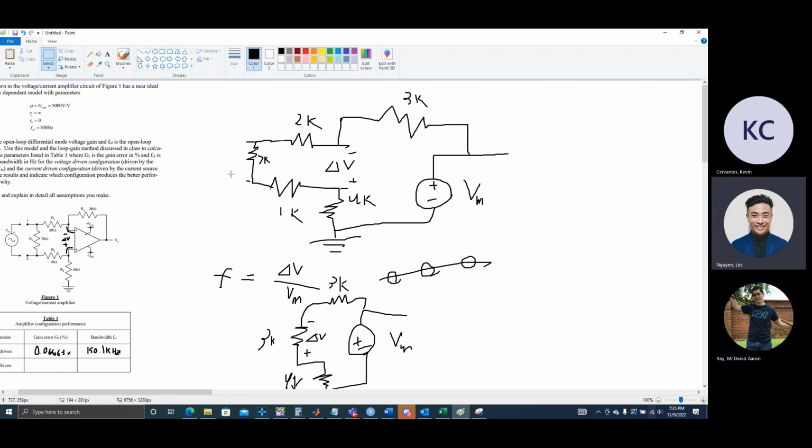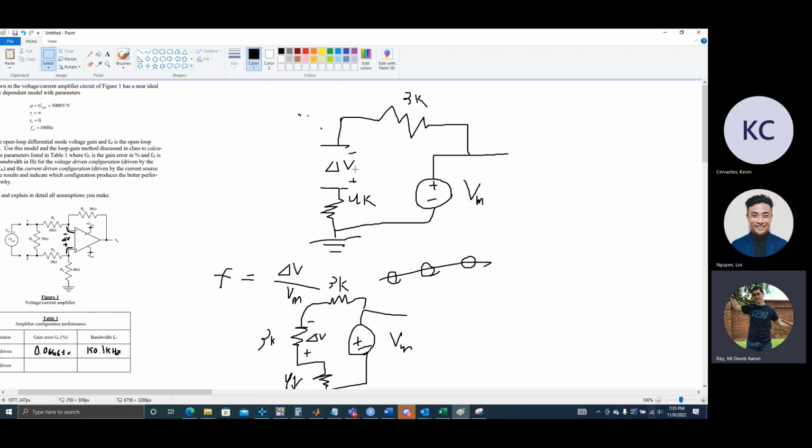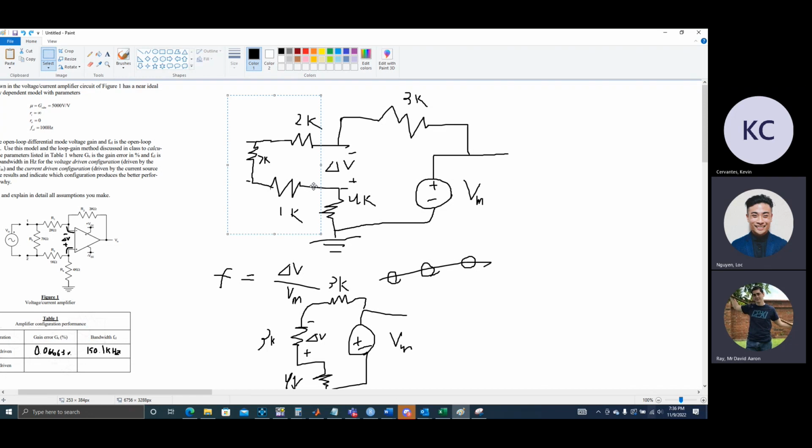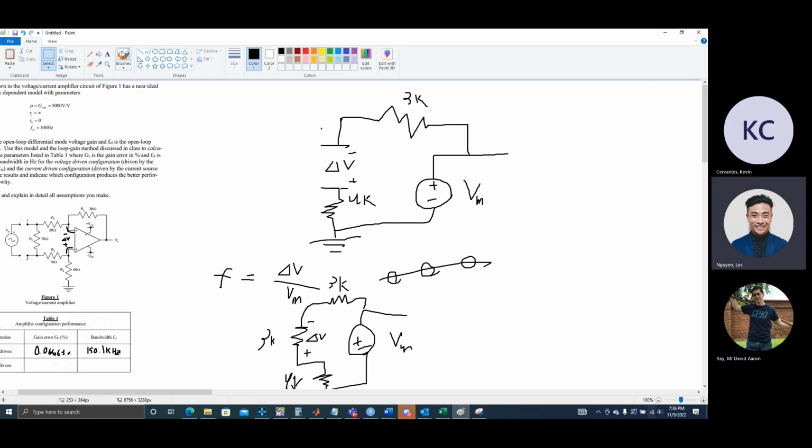The way that works now is that this right here is all added together. You have 3 resistors in series, and you can add all 3 of those resistors up. Whenever you add those 3 resistors together, you get a brand new resistor right here.